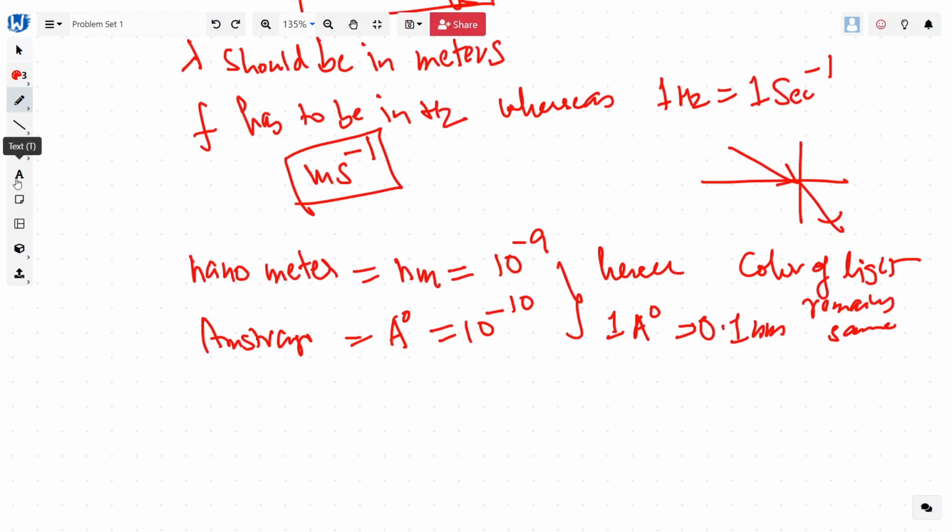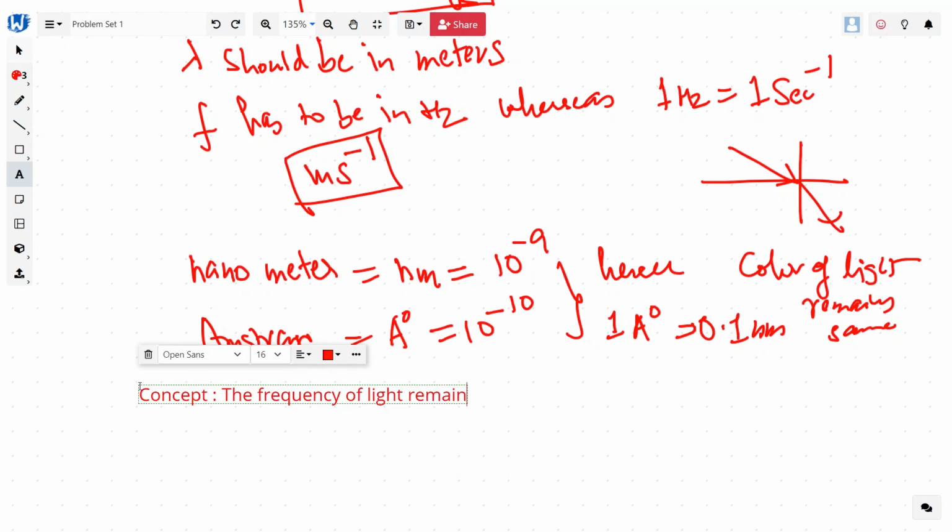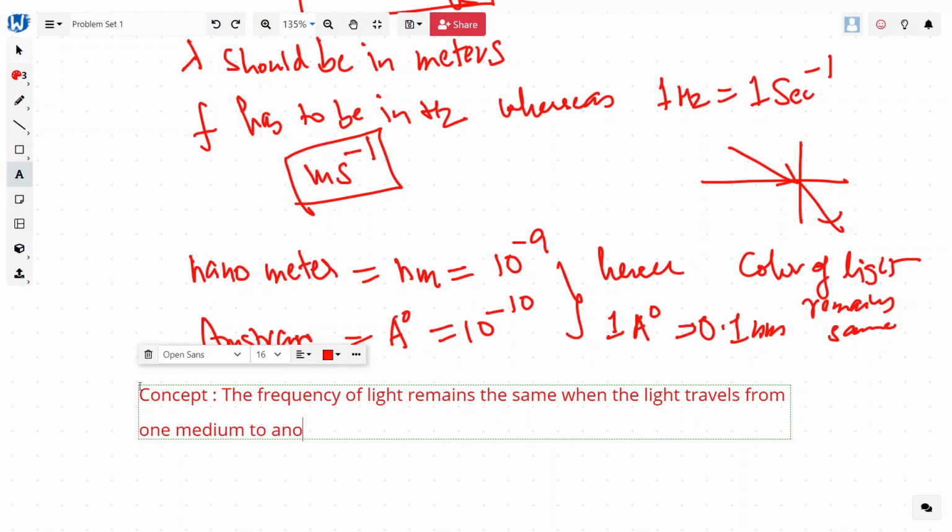So we can conceptualize the concept here. The frequency of light remains the same when the light travels from one medium to another.